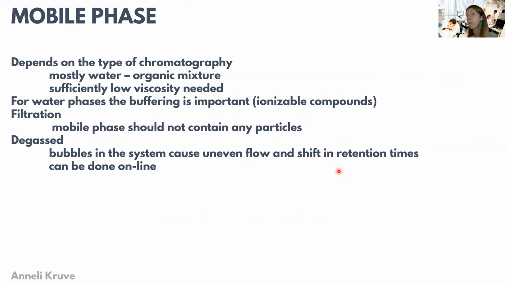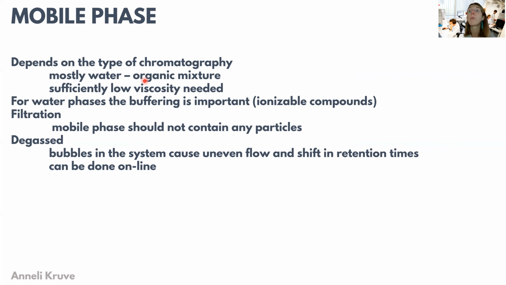In the case of normal phase chromatography, we use less polar organic solvents such as hexane, but also some more polar mobile phase components. It's important that the mobile phase we are using has sufficiently low viscosity so that the pumps would be able to pump it through the chromatographic system without the pressure going too high.